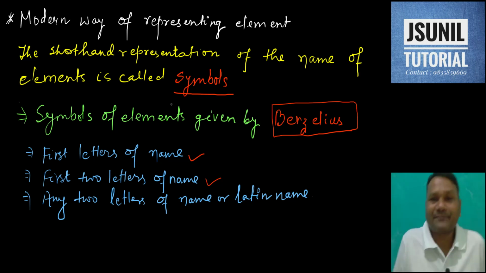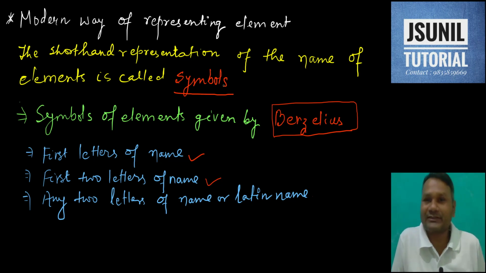What is the shorthand representation of the name of an element called? The shorthand representation of the name of an element is called a symbol.